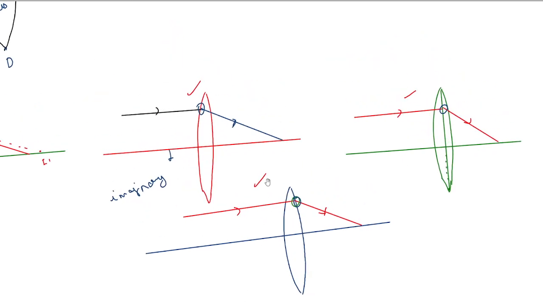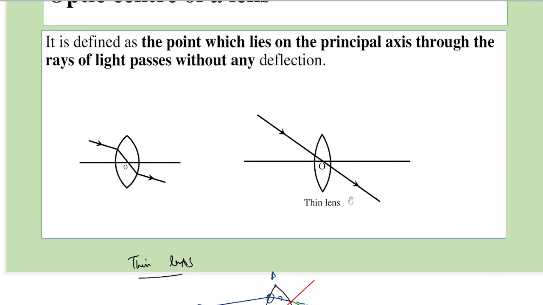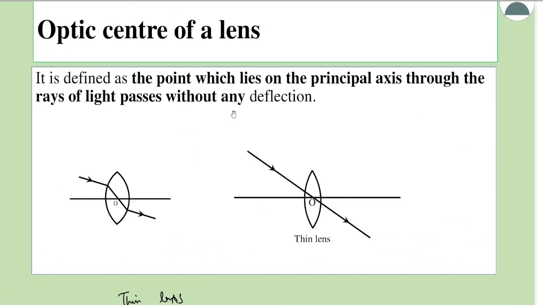Now coming back to the definition of optic center, we haven't defined it. By definition, an optic center is the point which lies on the principal axis through which the light ray moves undeviated.